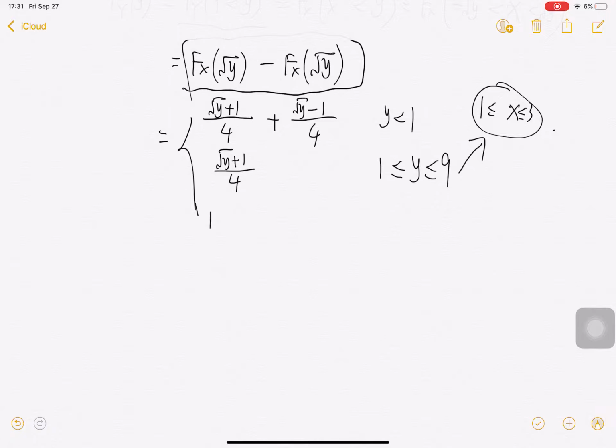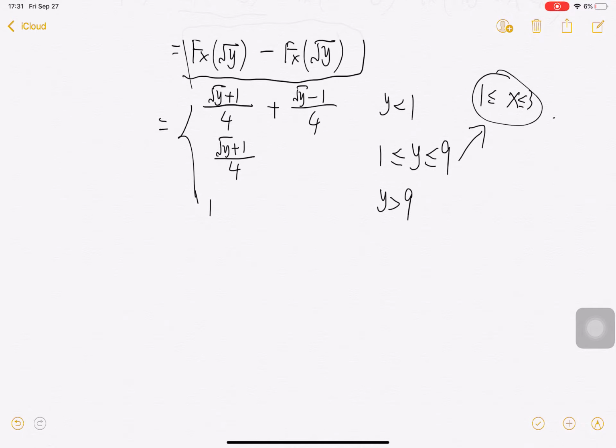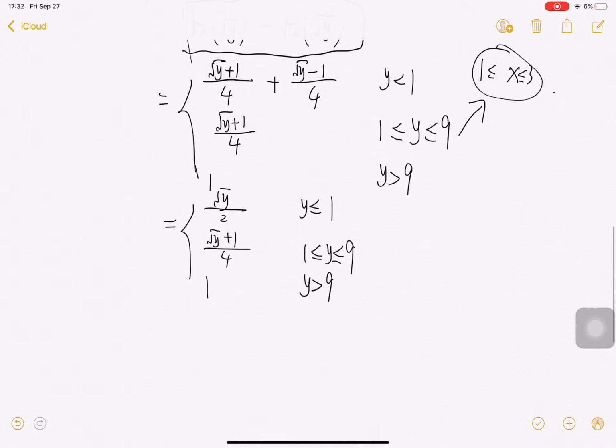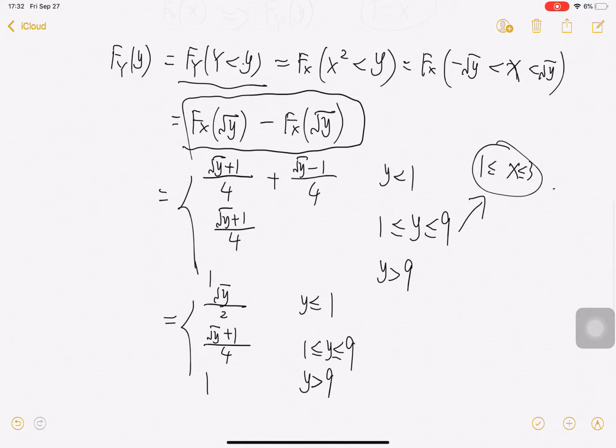And the density function is 1 when y is larger than 9. So let's make it simple: y smaller than 1, 1 to 9, larger than 9. Okay, we have got the density function.